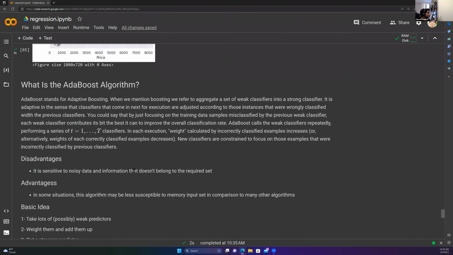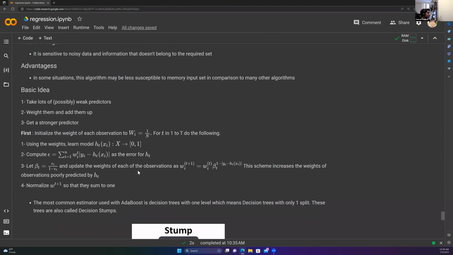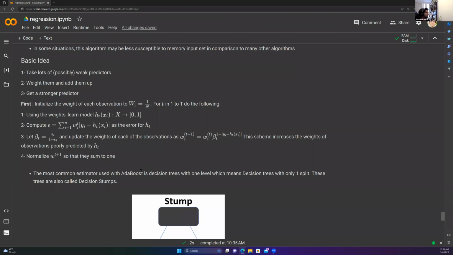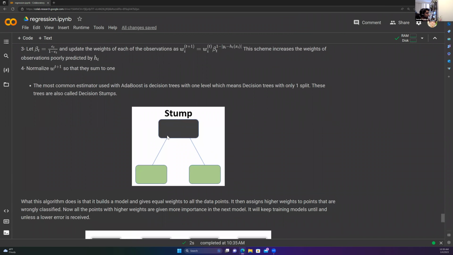So again, I put some of the math background, basic underlying theory here. I won't go into that. For those of you who are interested, you can look it up. But the interesting part about AdaBoost is that we use these small decision trees. So it doesn't have as much depth. It's smaller in size, usually depth one, and we call it a stump.